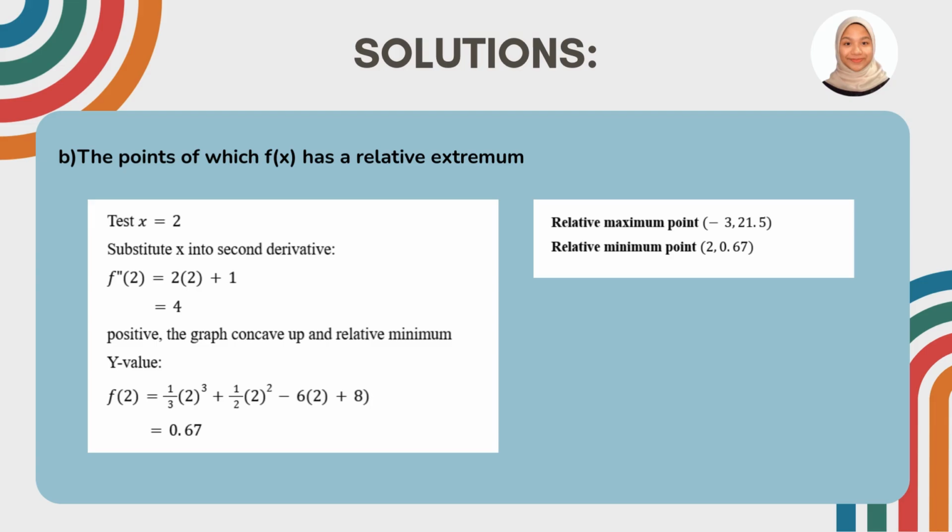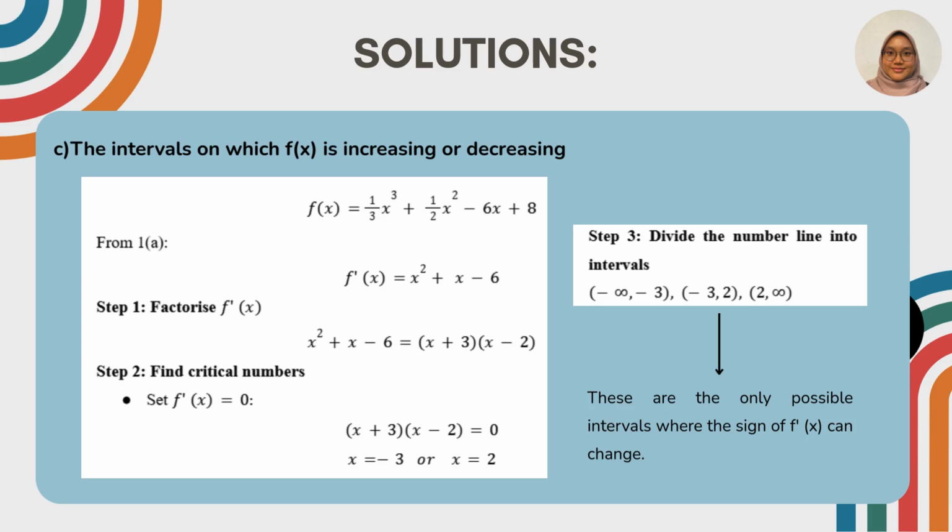We have the answer 0.67. Then we have the relative maximum point (-3, 21.5) and the relative minimum point (2, 0.67).